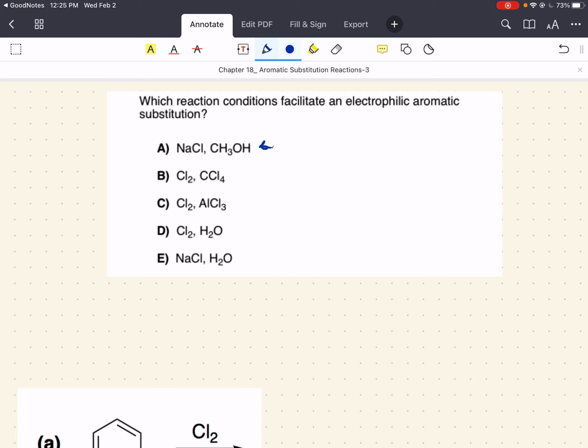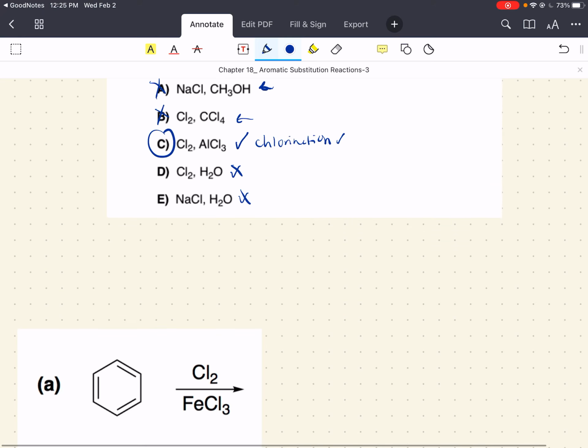This first set of reagents is not used in any of the 7 reactions we learned, nor is B. C, however, we do see for chlorination of benzene. So this is actually a reaction condition used to facilitate electrophilic aromatic substitution reactions. D is not seen in these types of reactions, nor is E. So the only correct answer here is C.